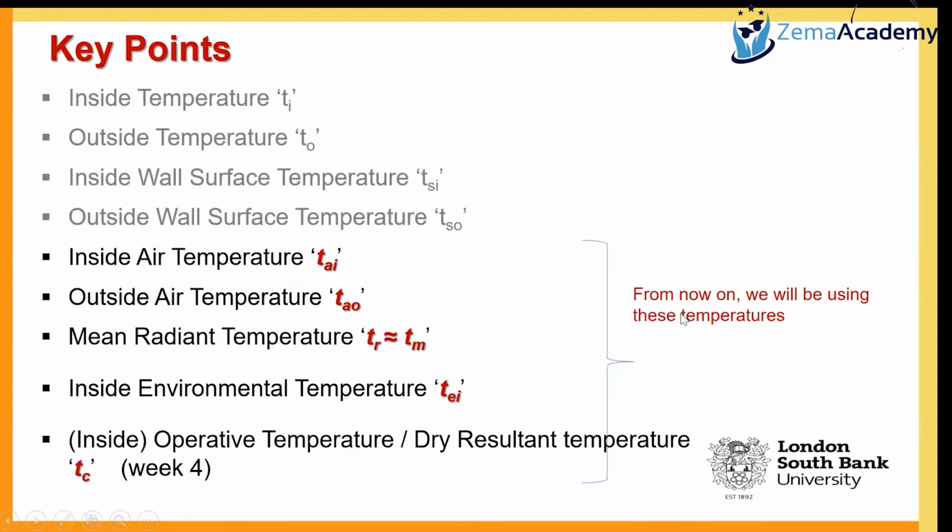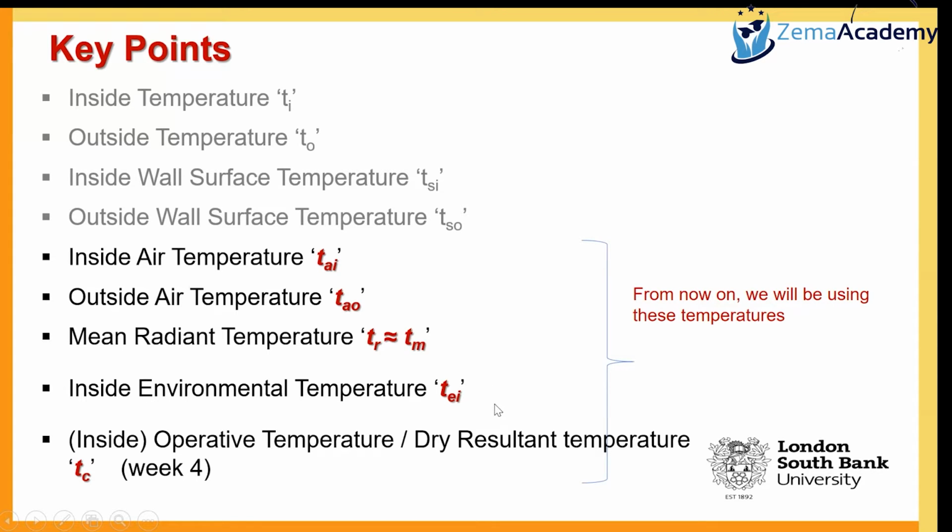So when we started off in week 2, we had inside temperature, outside temperature, internal surface temperature, and outer surface temperature. And when we ended with the environmental temperature term, we had changed all the temperature terms.